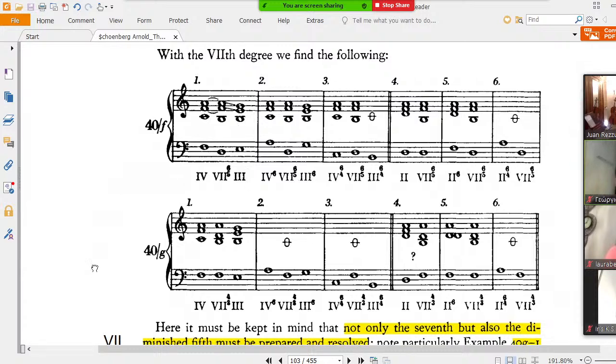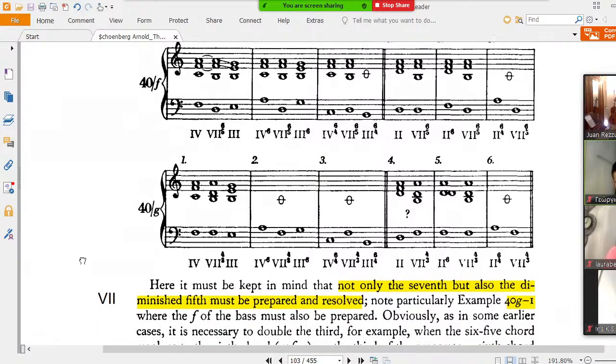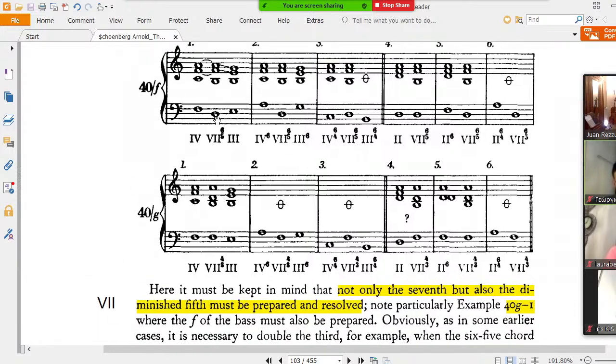Just little details. Even if you're using the first inversion, you have to prepare the fifth as well. It has to resolve downward, plus the seventh.